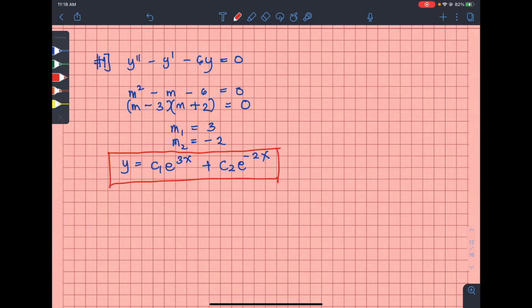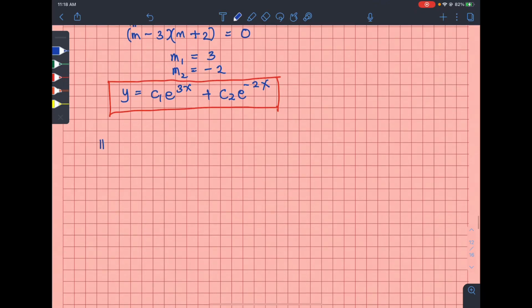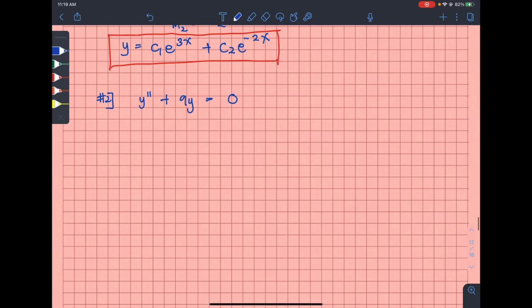Let's have, what else? Number 2. So y double prime plus 9y is equal to 0.